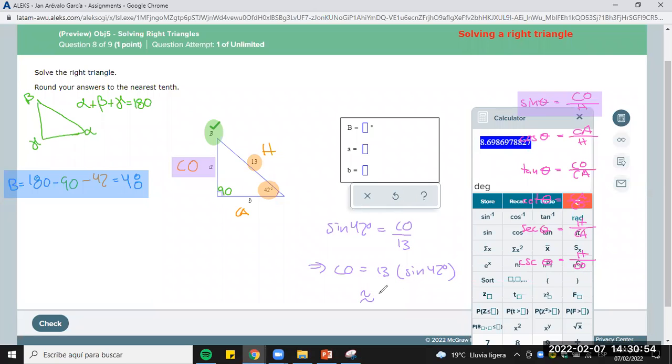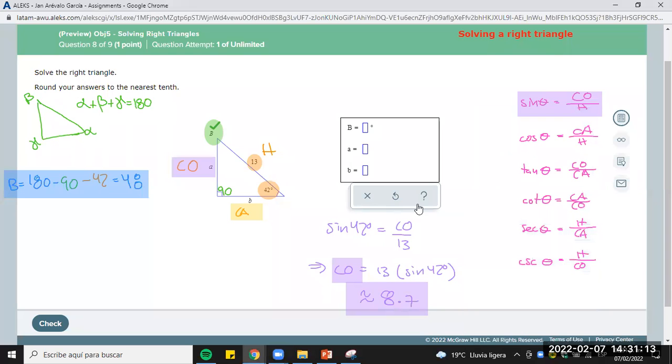This is approximately 8.7, right? 8.7. So I have this one, the opposite side.